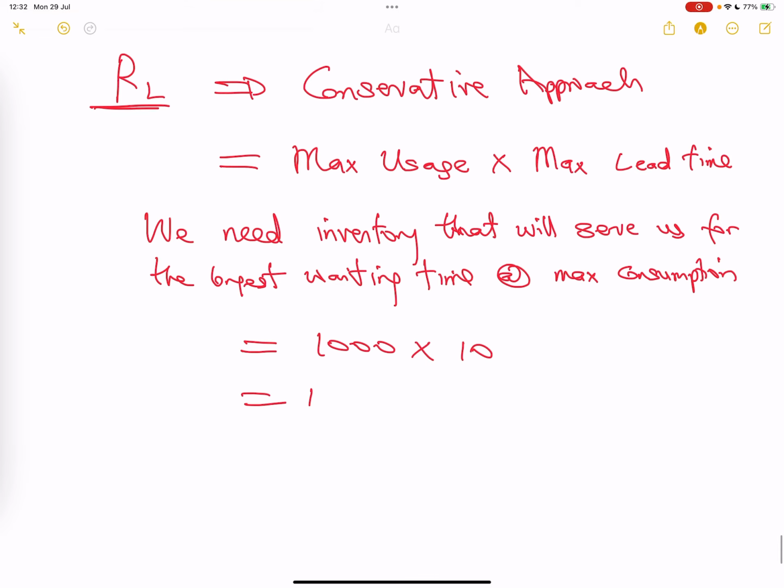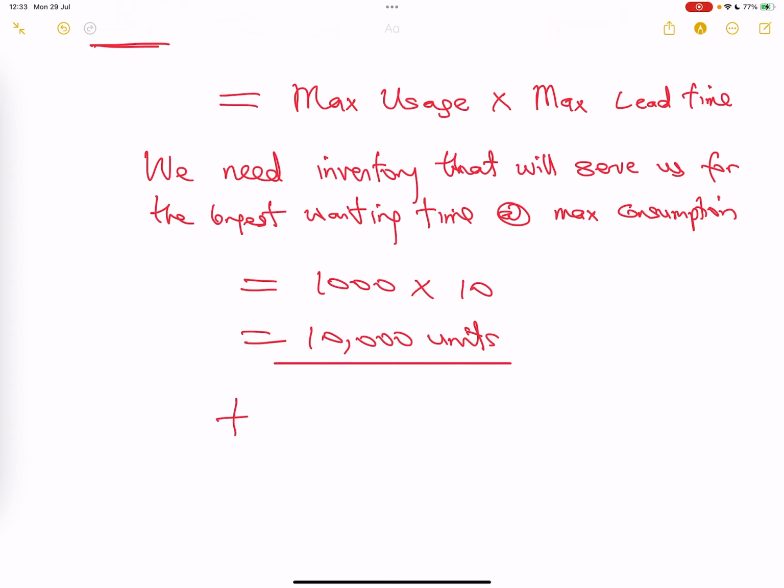So anytime our inventory level gets to 10,000 units, we must place a fresh order, because we know that once we place a fresh order on that day, the longest waiting time possible is 10 days and the maximum consumption is 1,000. So we are guaranteed that we will be able to use 1,000 for the next 10 days, and by the time we are done with that, our fresh order would have arrived, and that fresh order will be 12,000.